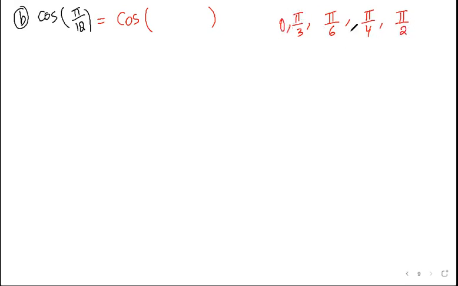So I need angles that, if I add or subtract them, give me pi over 12. So the best thing here is to factor the number 12. The factors of 12 are 3, 4, and 6.